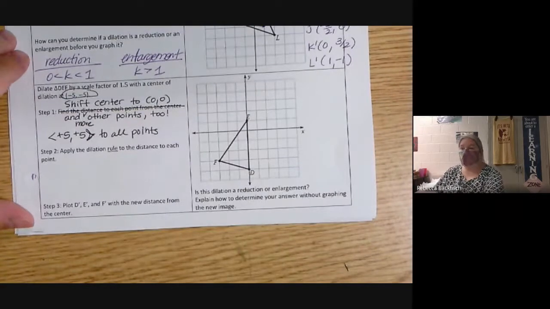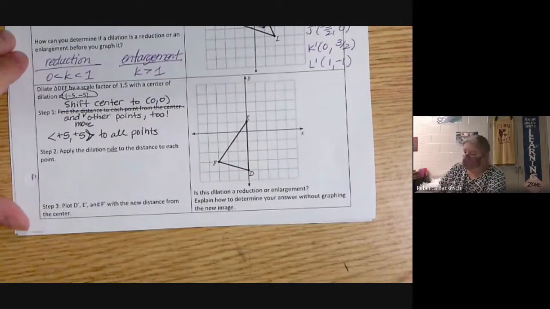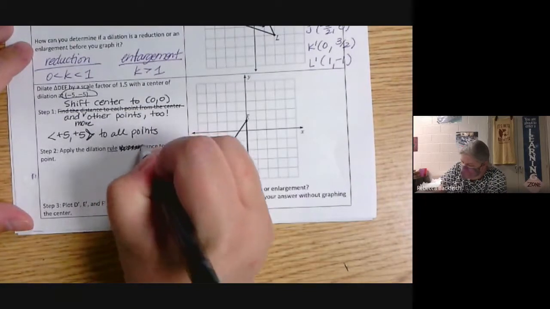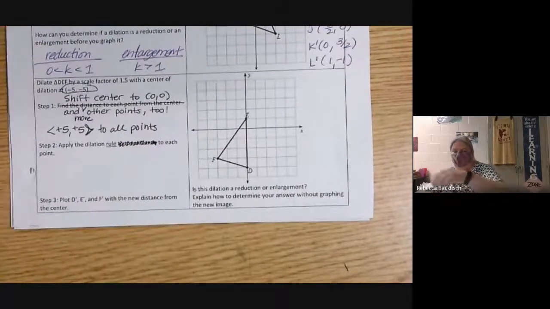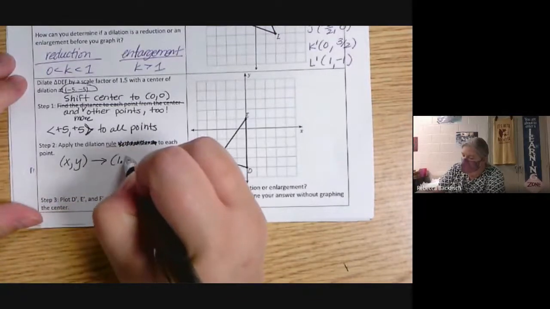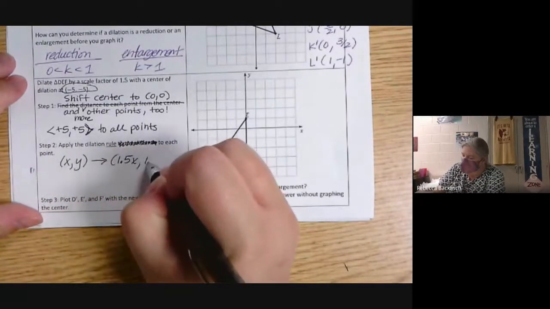Then step 2, we're going to do our dilation rule to each point. We're not going to say to the distance to each point. We're just going to say to each point because we've moved them now. We're going to do our rule for the dilation, which in this case is x, y becomes 1.5 times x and 1.5 times y.